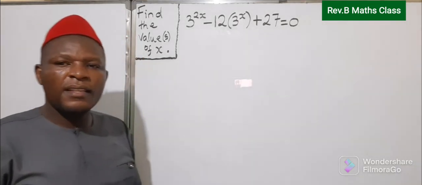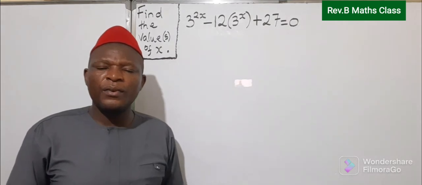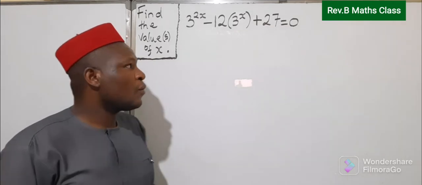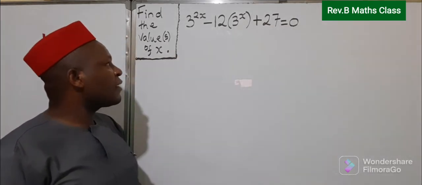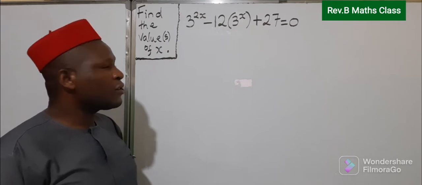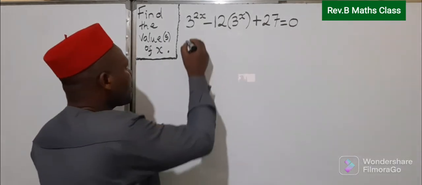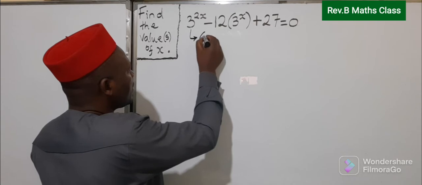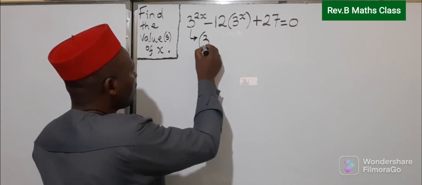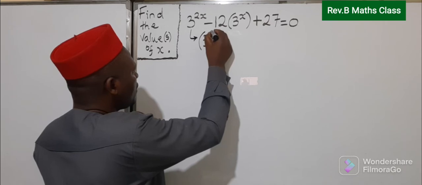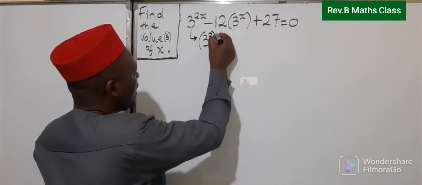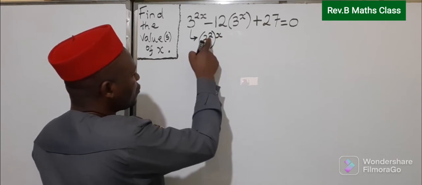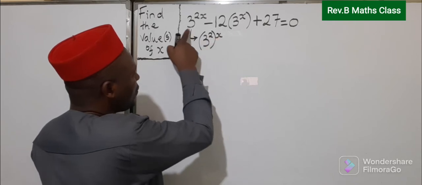When you have an equation like this one, you need to recall certain basic rules of indices. The first term here is 3 power 2x. This 3 power 2x can also be written like this: 3 power 2 in brackets and an x outside, because when you multiply 2 by x, you go back to 2x.